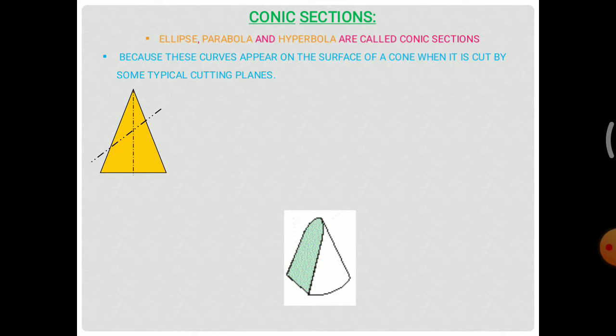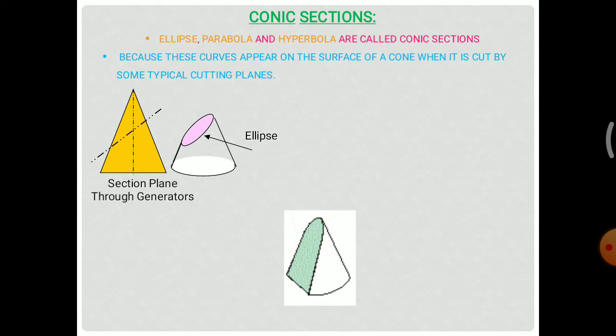When we cut the right cone through the two generators and the axis, we obtain an ellipse, which you can see there in pink color.